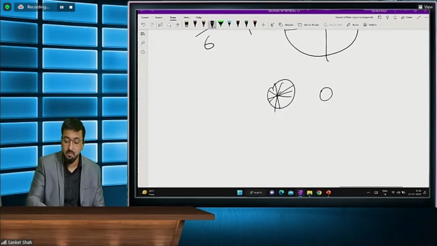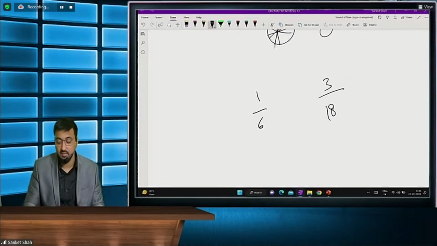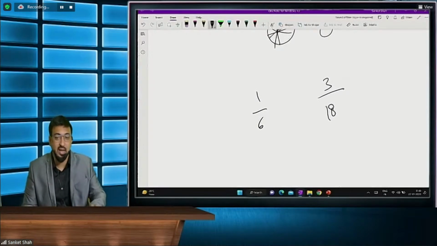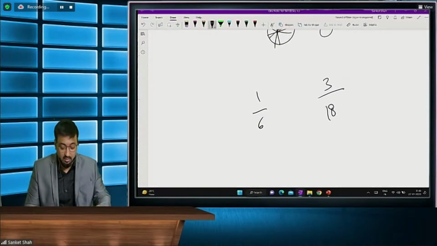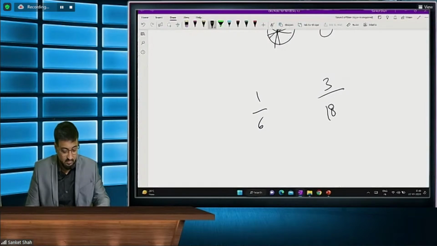Now tell me, which is bigger, 1/6 or 3/18? Quickly tell me.